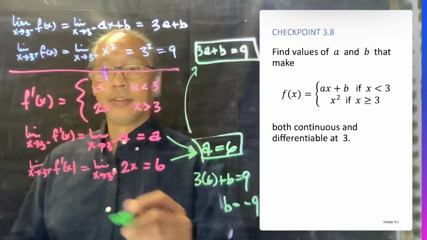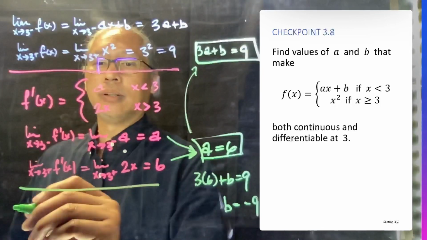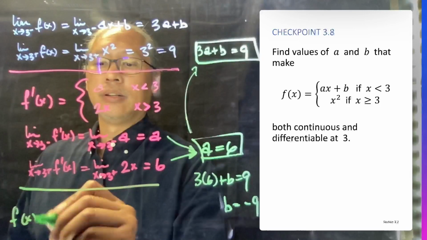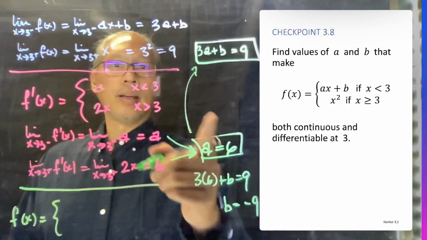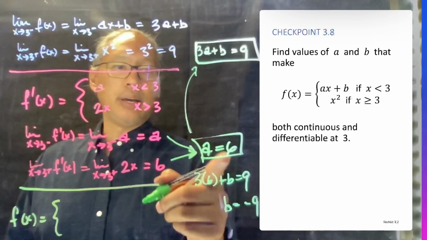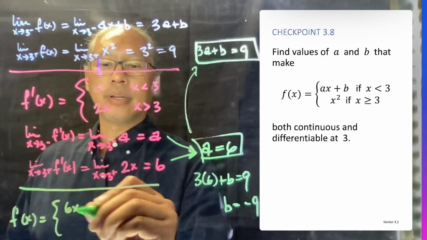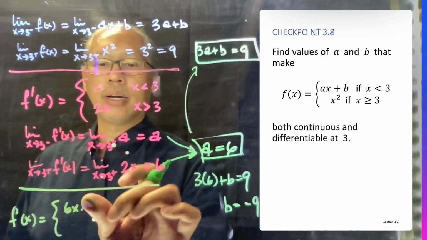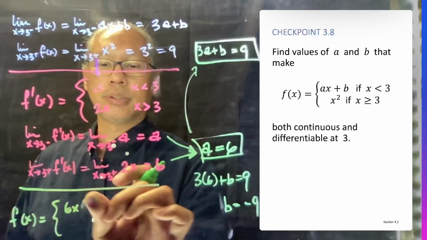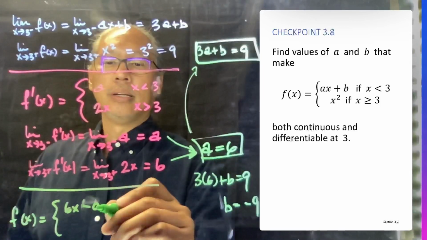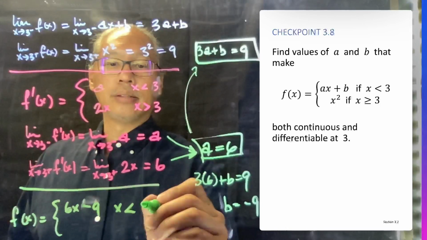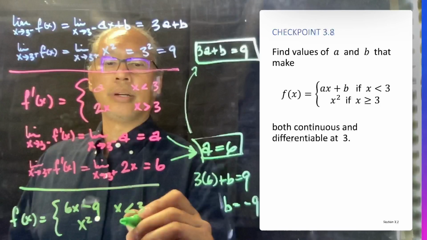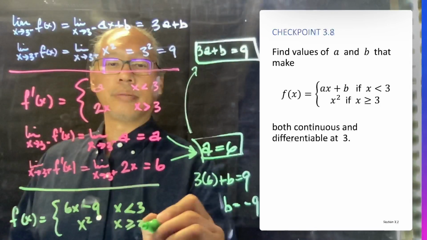Therefore, your piecewise function f of x should be equal to ax plus b, where a was equal to 6, so it's going to be 6x plus b. b was -9, so let's put 6x minus 9, as long as x is less than 3, and then we'll keep the x squared here as long as x is bigger than or equal to 3.